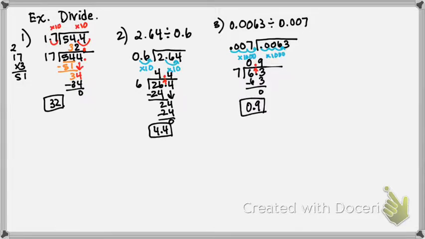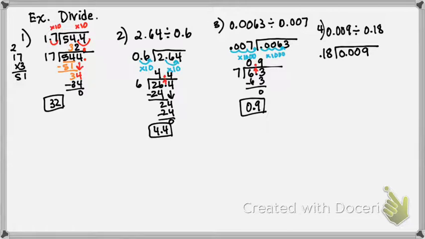Okay? All right, let's do another one. Number 4 right here. So I have 9 thousandths, and I want to divide it by 18 hundredths. So the 0.18 comes in front, and then we have 0.009 underneath.